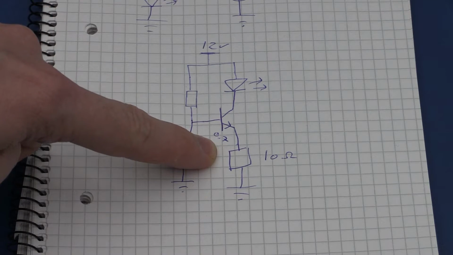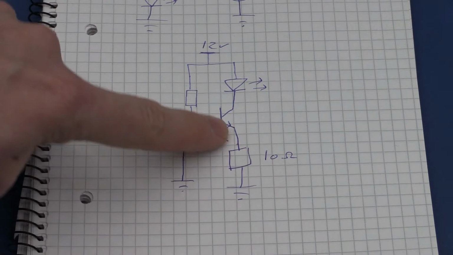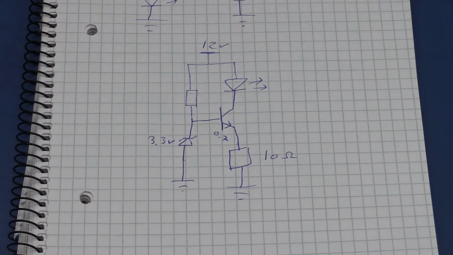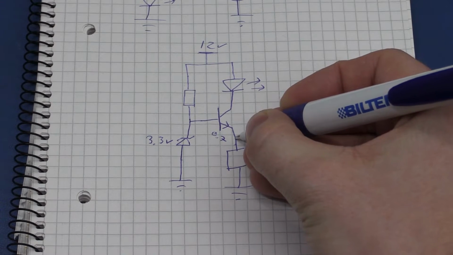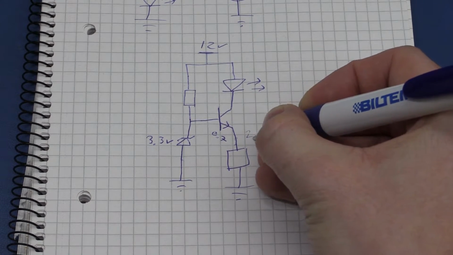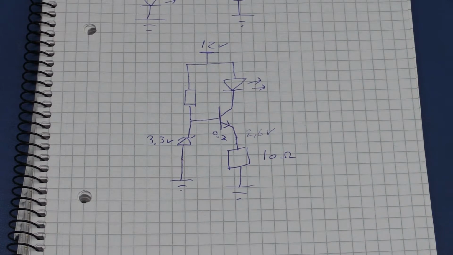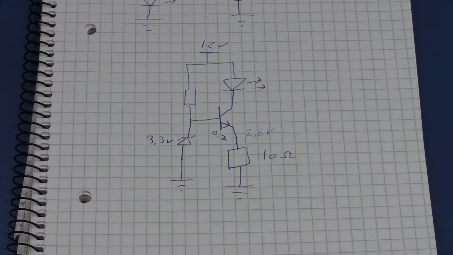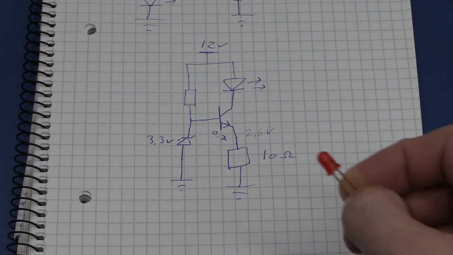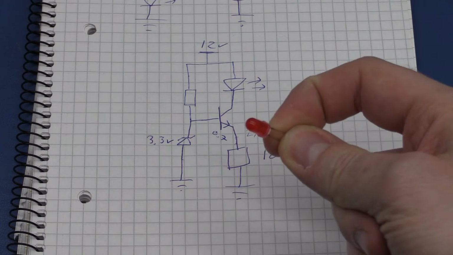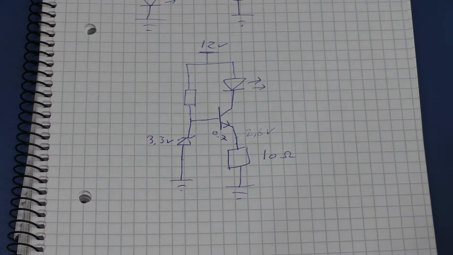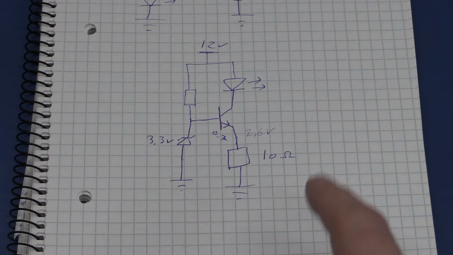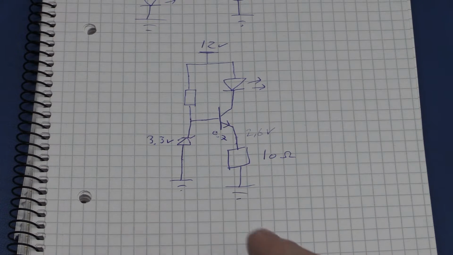So if we subtract 0.7, we will get the voltage on the top side of the resistor, and we can then calculate the current through it. So this point is 2.6 volts, and 2.6 volts divided by 10 ohms is 260 milliamps. That is a bit on the high side for a small LED like this, but probably what you would want for something like this. We can easily optimize this circuit though.